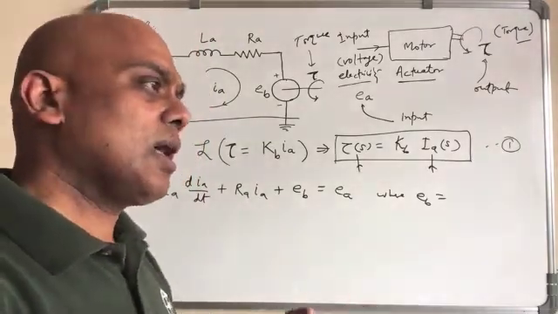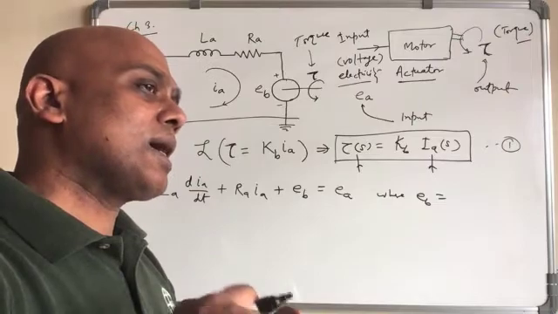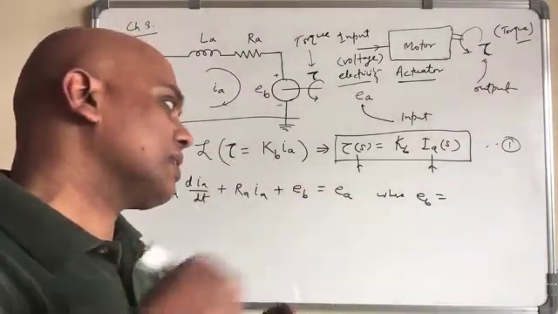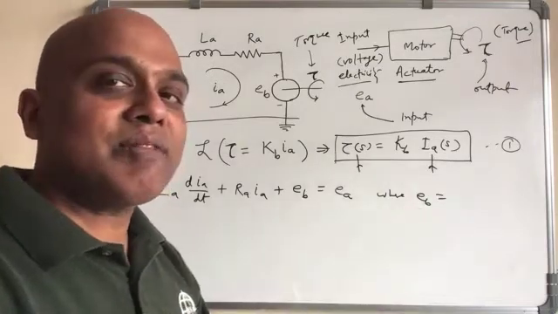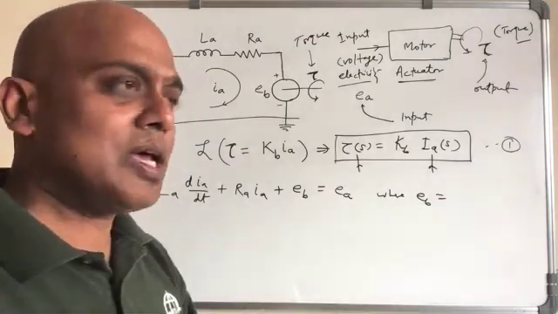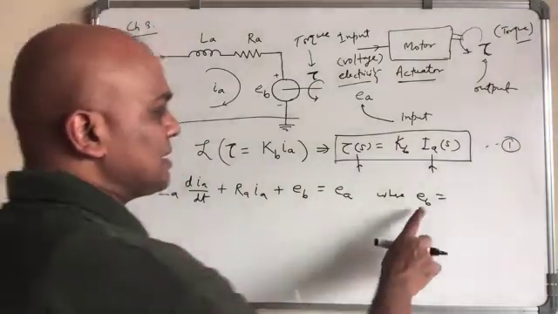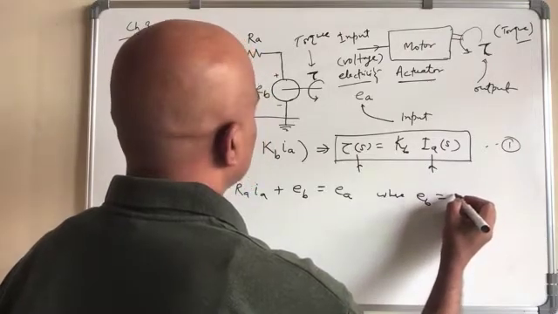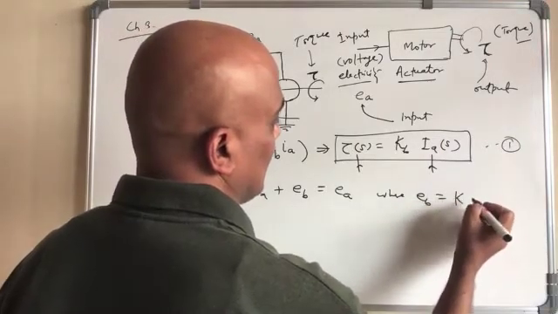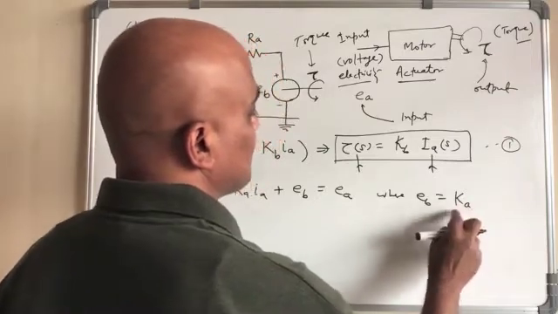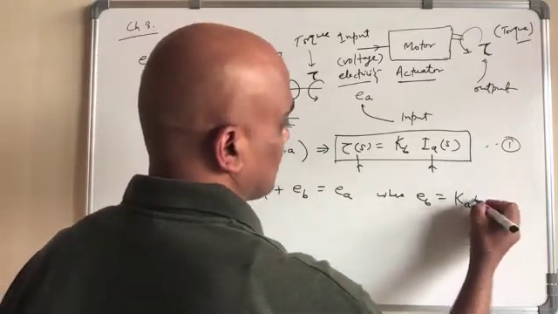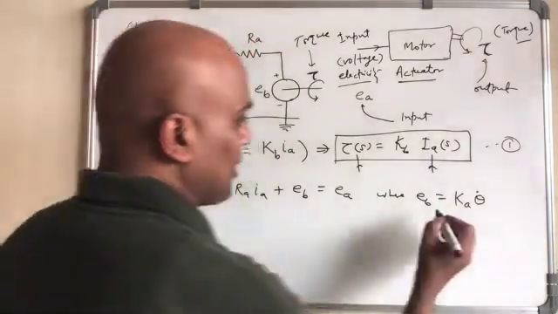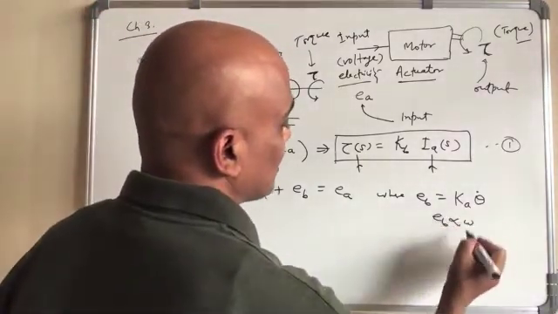So the more velocity it has, the more electromotive force is generated. That really means Eb will be equal to Ka times theta dot. So Eb is proportional to omega, basically, right?